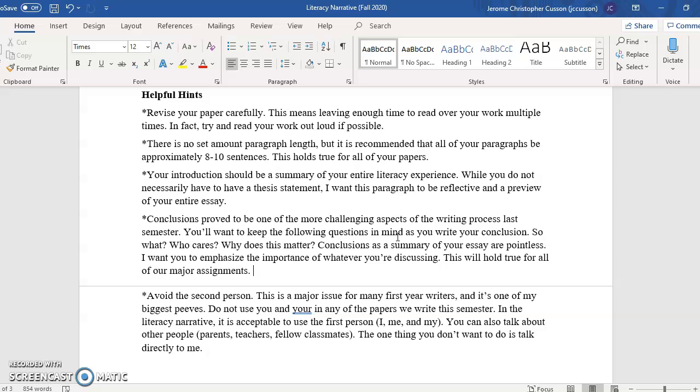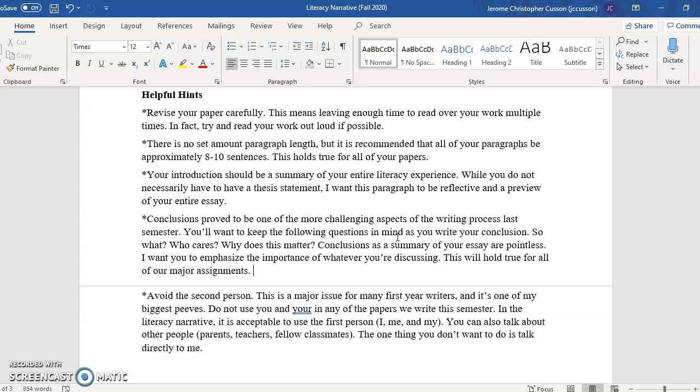Okay? The other final note is avoid the second person. This is a major issue for many first-year writers, and it's kind of one of my pet peeves, so I want you to avoid this. Do not use the words you and your in any of the papers that we write this semester. In the literacy narrative, it is acceptable to use the first person. I, me, and my.